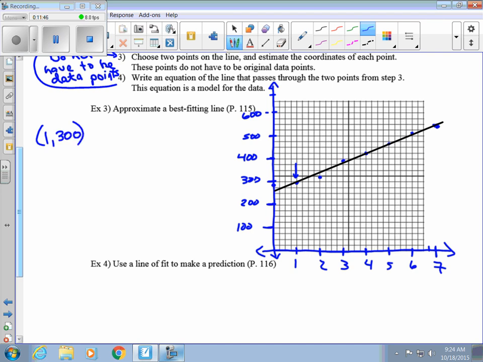That's a point that I'm going to pick. Then I'm going to go on my line up here somewhere until I find another one where it crosses. It looks like right there it crosses at, what is that, 5 1/4, 475.